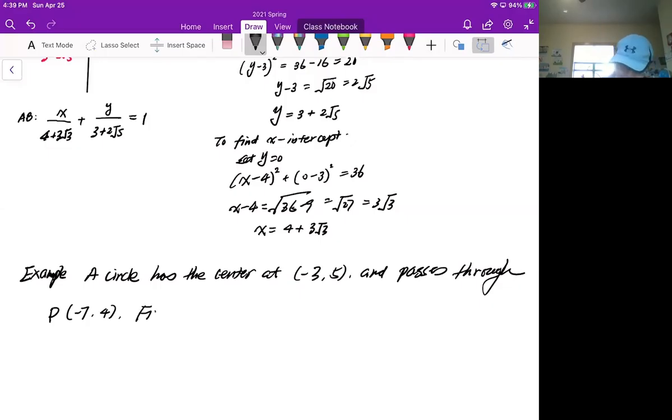I want to find the equation of the circle.